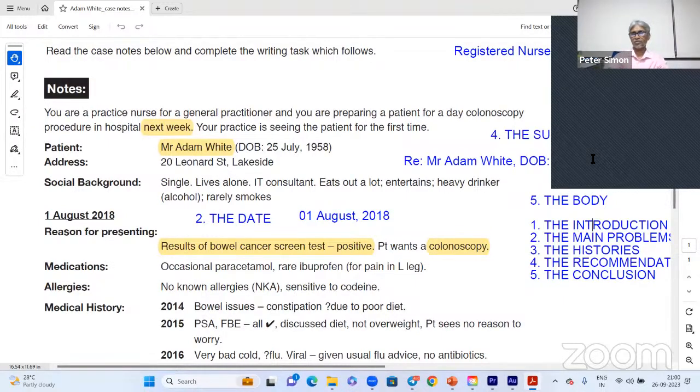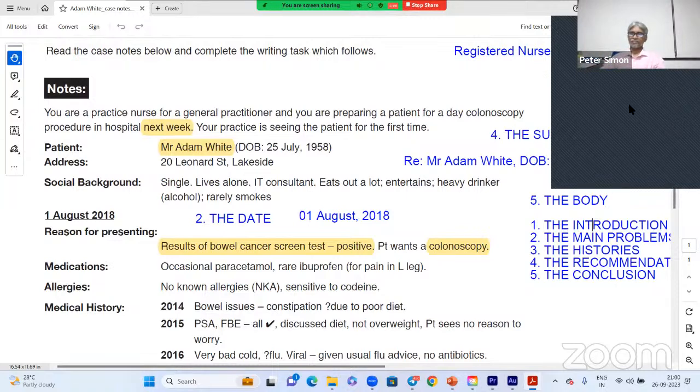So this is active voice. That is active voice. That's a good sentence. Correct. Mr. White drinks heavily and smokes rarely. That's fine. There's no problem with that sentence.